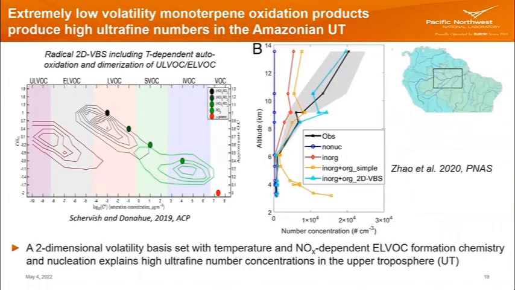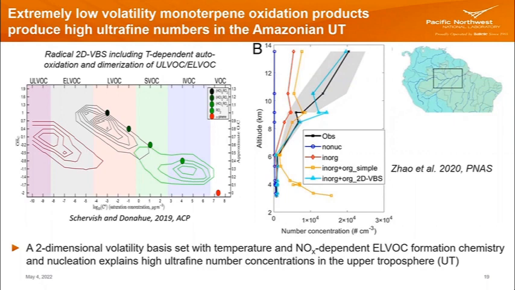So this is one example. This is from a previous study where Ben Zhao was leading, and we showed that in WRF-Chem we implemented the two-dimensional volatility basis set for monoterpenes. That accounts for HOM formation, their temperature-dependent autoxidation, and the dependence on NOx. If you look at the total number concentrations of particles, they peak strongly in the upper troposphere.